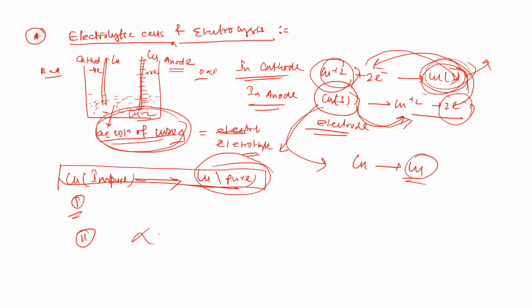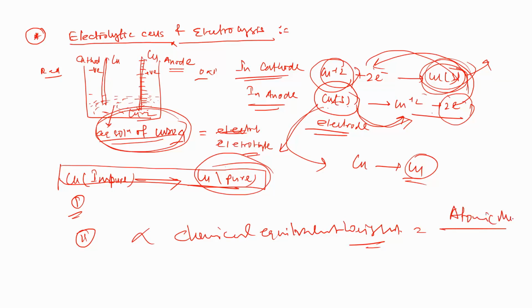That is proportional to the chemical equivalent weight. This chemical equivalent weight is nothing but the atomic mass divided by the number of electrons required for this reaction. Okay, so that is the thing.